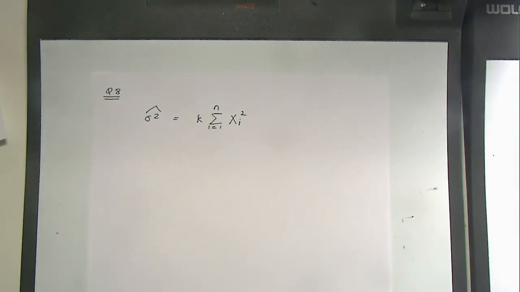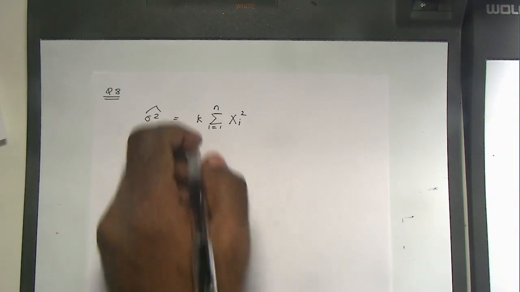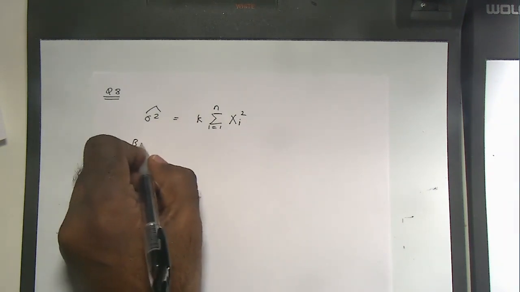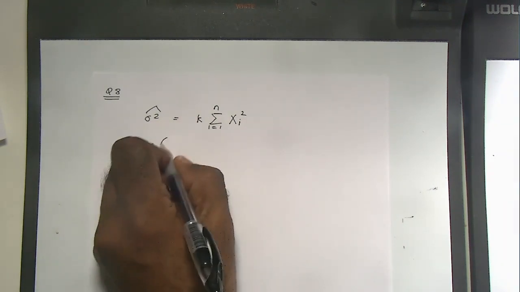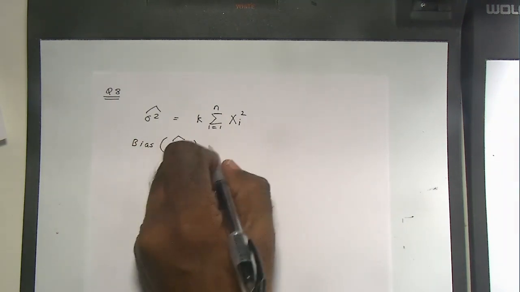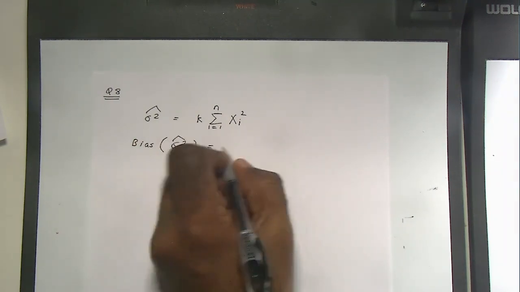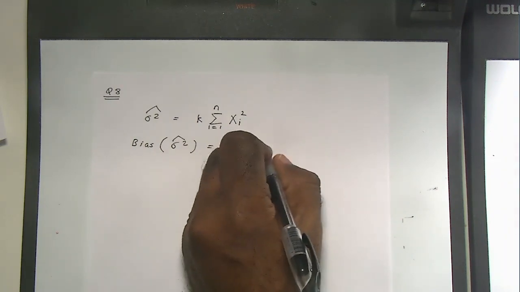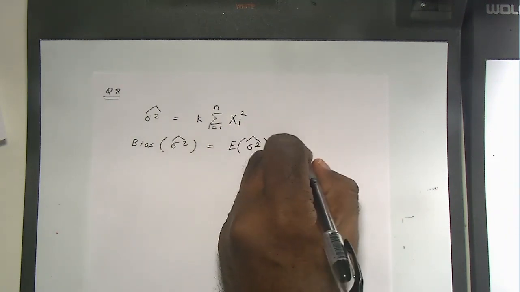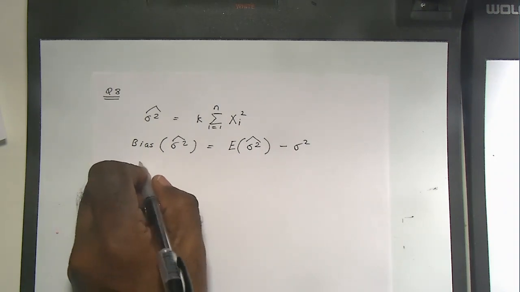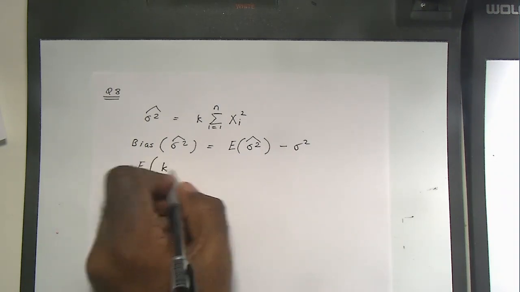And we want to show that this is an unbiased estimator for some value k. So you need to compute the bias of this guy here, which is this, and this is the expectation of k times this.